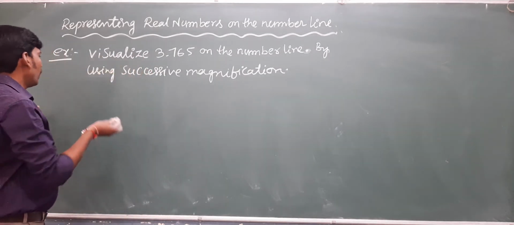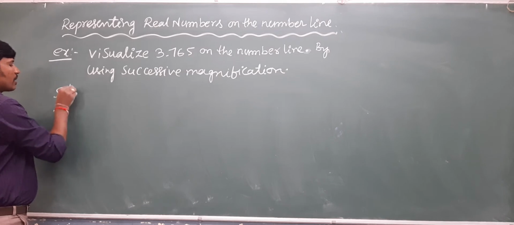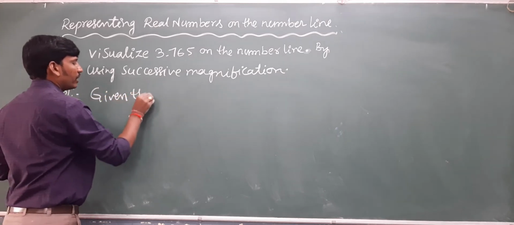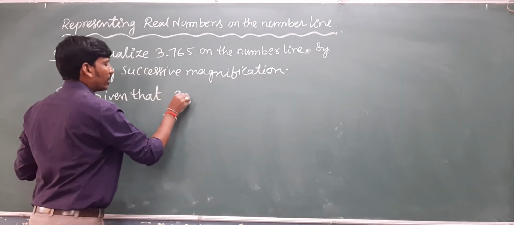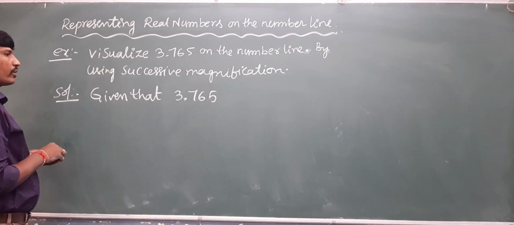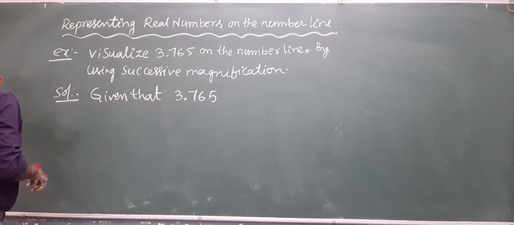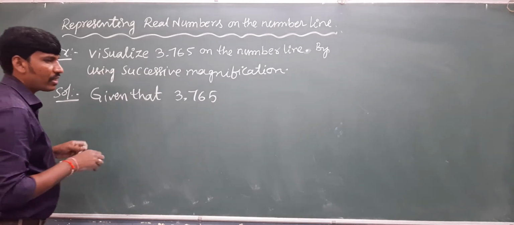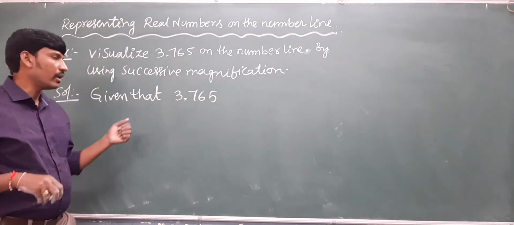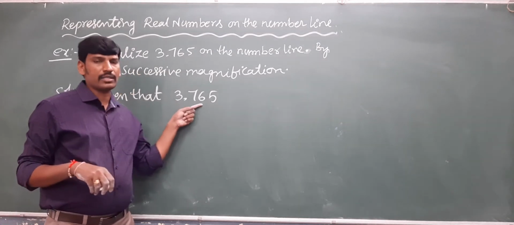Now see how I am going to solve this problem. Given that 3.765 is a rational number, how are we going to solve it by using successive magnification? First of all, the given number lies between which two numbers? Here, this is the whole part, this is the decimal part.